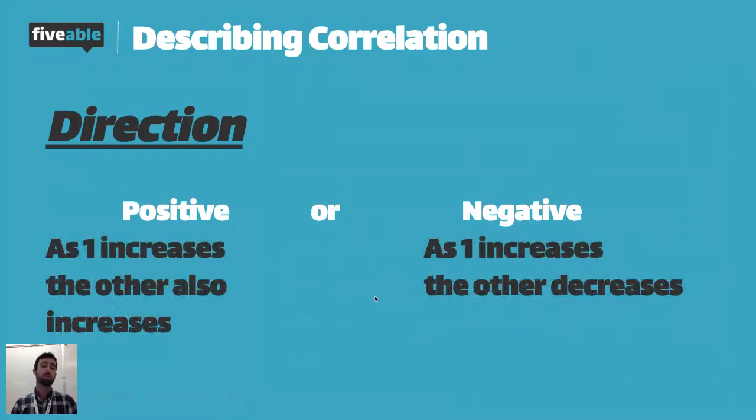And when I say the other, I'm talking about the other variable. So a positive direction is as one variable increases, so does the other. Negative is as one increases, the other variable decreases. Or we can have no correlation, which we'll talk about in a minute.